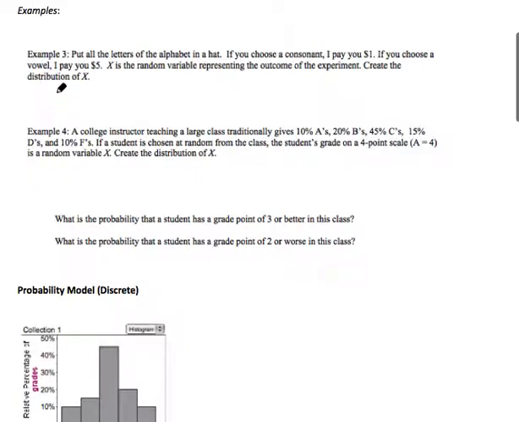Put all letters into a hat. If you choose a consonant, I pay you $1. I'm not really paying you $1. And if you choose a vowel, I pay you $5. X is the random variable representing the outcome of the experiment, and create the distribution. So this is making a probability model because we're going to show what that looks like. So we'll just make a very simple table.